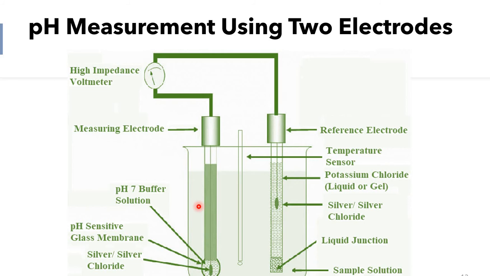And for the measuring electrode, there is a pH 7 buffer solution here in the glass membrane. This is a pH sensitive glass membrane, and there is a silver chloride electrode, and both these electrodes are connected to a high impedance voltmeter.